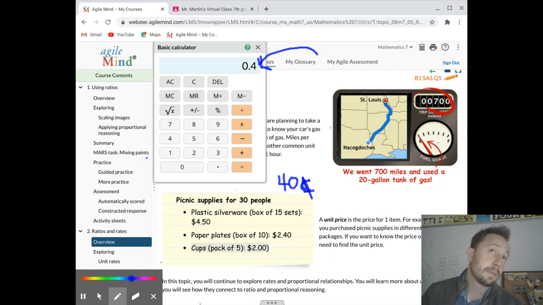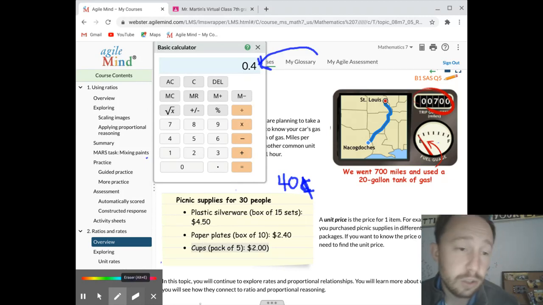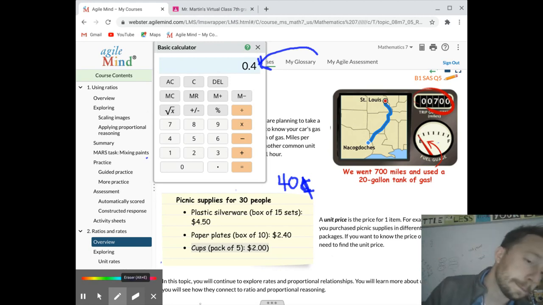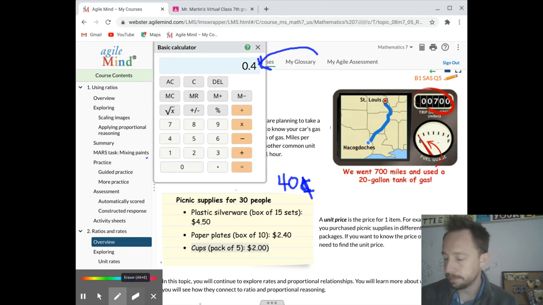Per one teacher. Per one teacher, per class. Those both work. So would those be unit rates? Sarah, is that a unit rate? Yes. Yeah, because we compared all 25 students to one what? One teacher or one class. Okay.